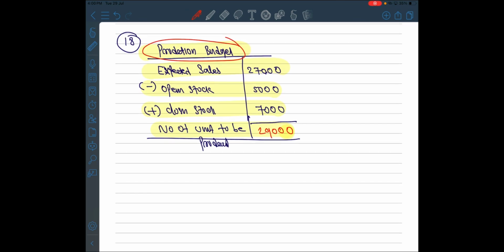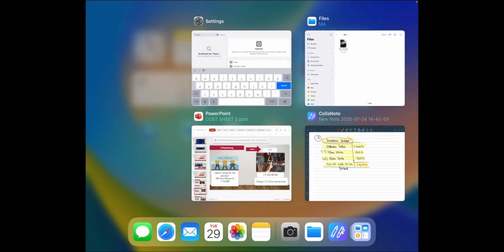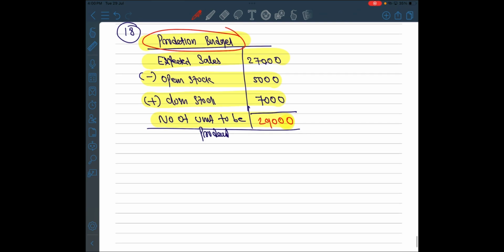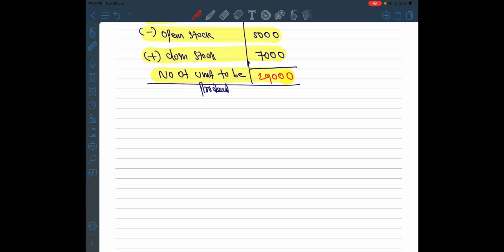Next, as per the question, what mainly did they ask to prepare? Raw material to be purchased. What are the raw materials here? A and B. So we give the table with particulars A, B. Write the heading. What? Purchase budget.